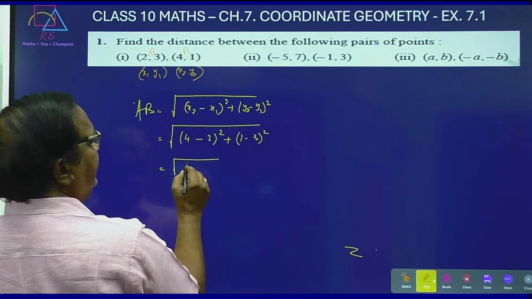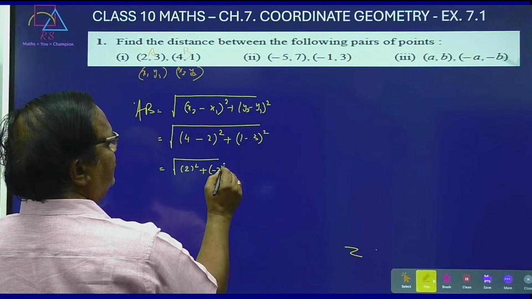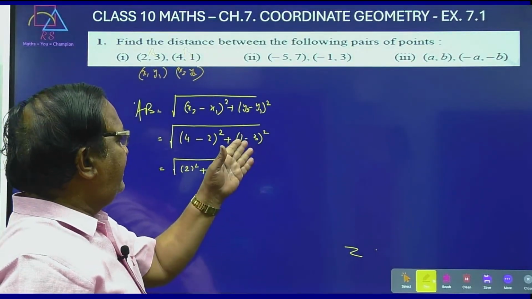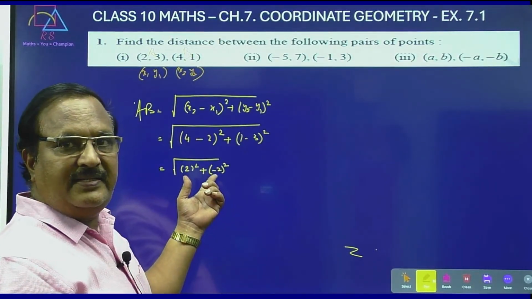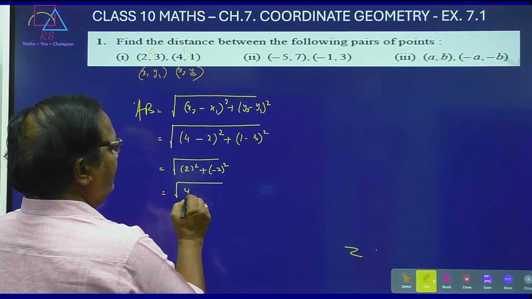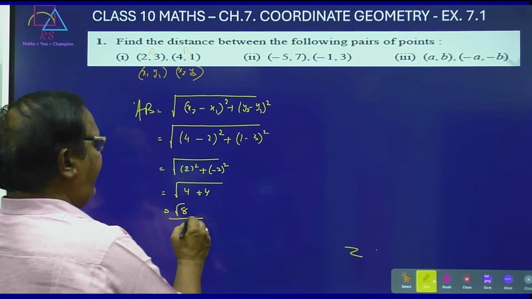Okay, you have to be very careful. 2 square plus (minus 2) square. Most of the students write wrong only at this step. Be careful. So then how much? It is 4 plus 4. It is 8. 8 units.